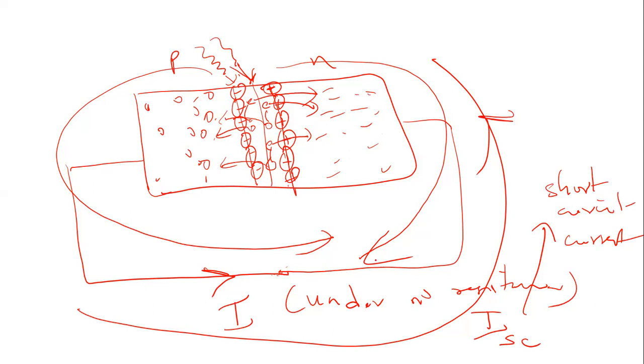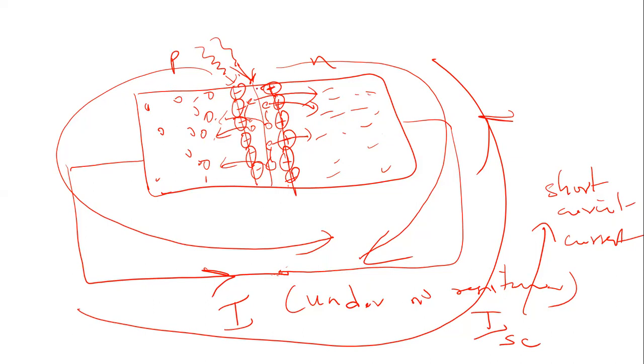Short circuit in the sense that your n-type and p-type are just joined without any resistance. So by now you will be able to see that under light illumination, this p-n junction has electron accumulation on the n side and hole accumulation on the p side, already there. Those are the majority charge carriers.